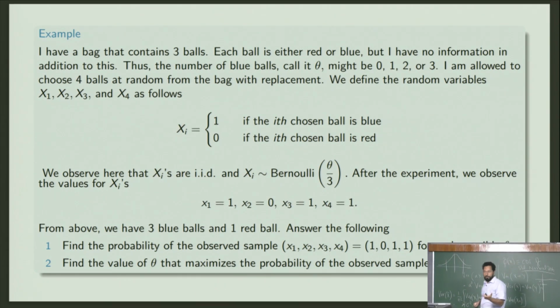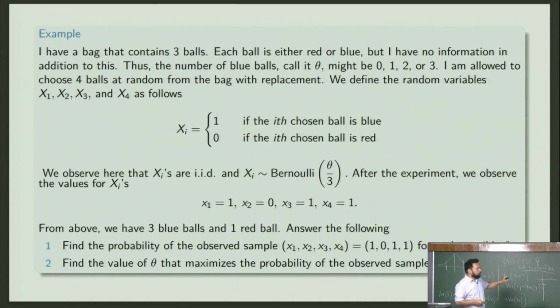Theta is your parameter. Distributions, just like your neural networks, just like your curves and line fitting, have parameters, weights. Similarly, here we have distributions with weights. Weights are the parameters of the distribution. In this case, it's theta. I take it as theta by 3. Even if I don't divide by 3, I believe it will work, but my guess is that there are 3 balls, so I want to go with theta by 3.